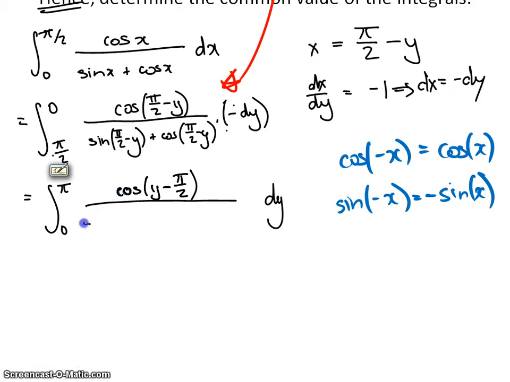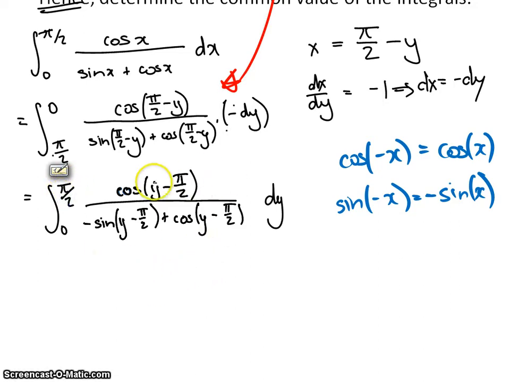Over negative sine of y minus pi upon 2 plus cosine of y minus pi upon 2. Again, I've just multiplied this by negative 1, but because I've done that, I've got to put a negative sign out the front. Sorry, this should be pi upon 2 here.